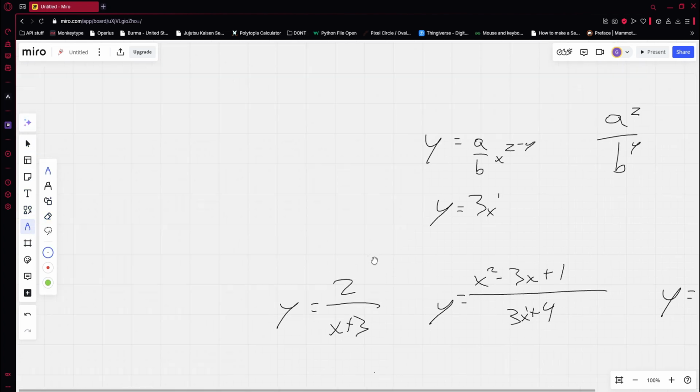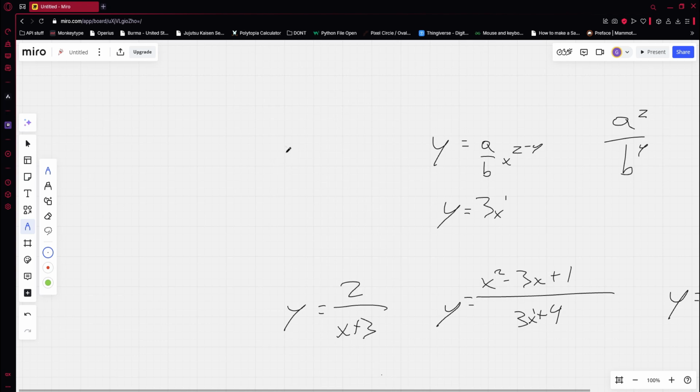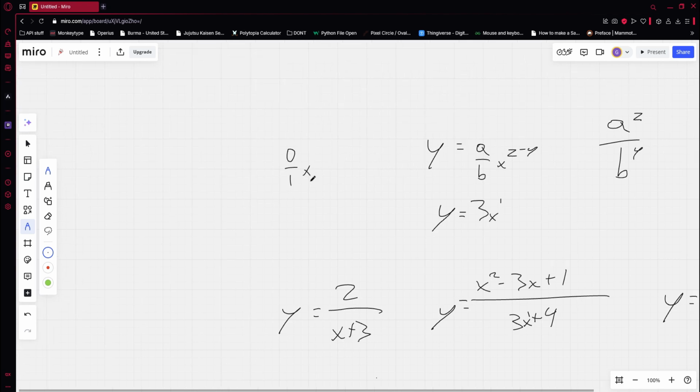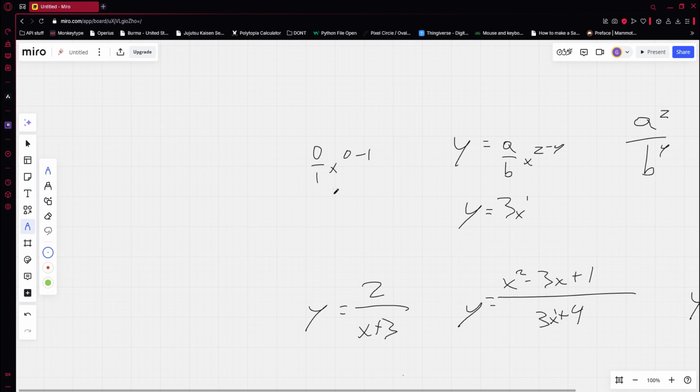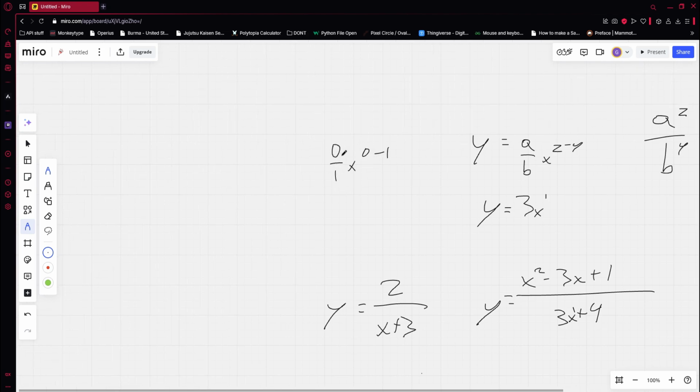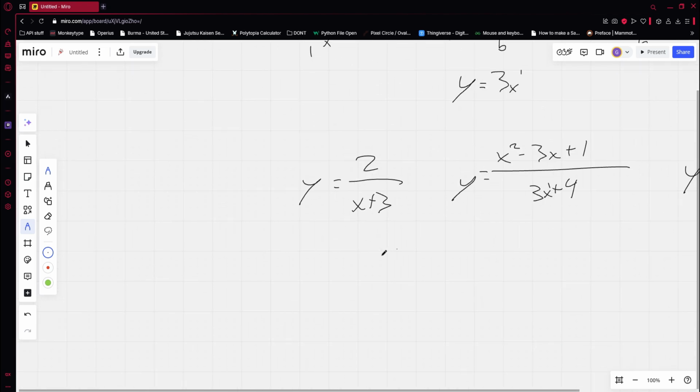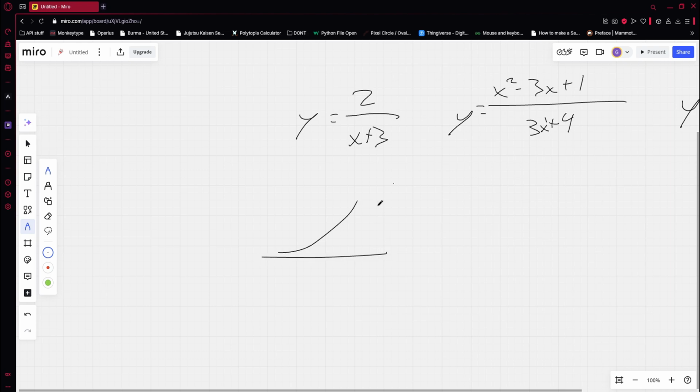So if you do it here, if you have 0 over, it doesn't even matter what we put on the bottom, say 1, x to the power of 0 minus 1, because whatever the case is, 0 divided by anything is 0, times x to the power of whatever, it's 0. So our y is going to equal 0, and that checks out, because we have a line that looks like this, always approaches 0, right?